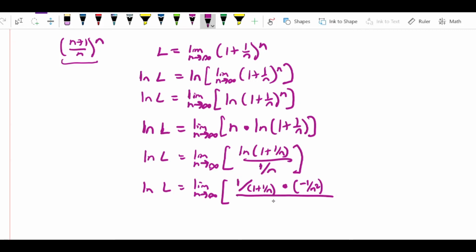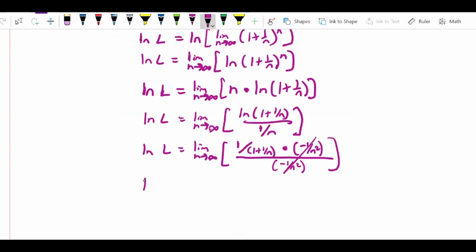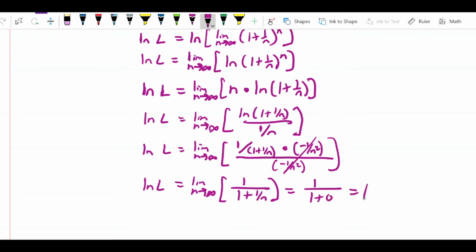The derivative of 1/n is negative 1 over n squared. These are going to cancel, and that gives me that ln L is equal to the limit as n approaches infinity of 1 over (1 + 1/n). That equals, I can now substitute and get 1 over 1 + 0, which equals 1.